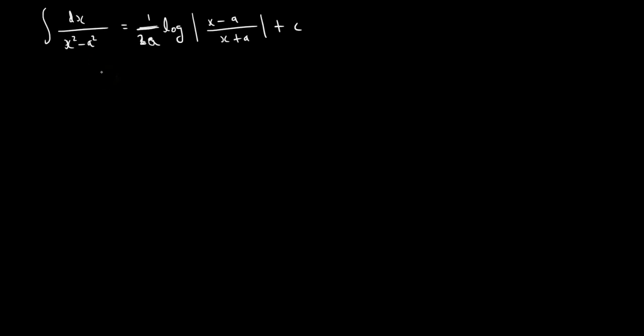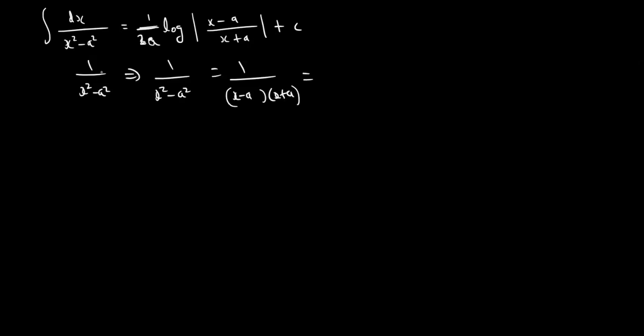Now we can find the integral of this particular function 1 by x square minus a square. So how to proceed? We can simplify this function 1 by x square minus a square as 1 by x minus a into x plus a.